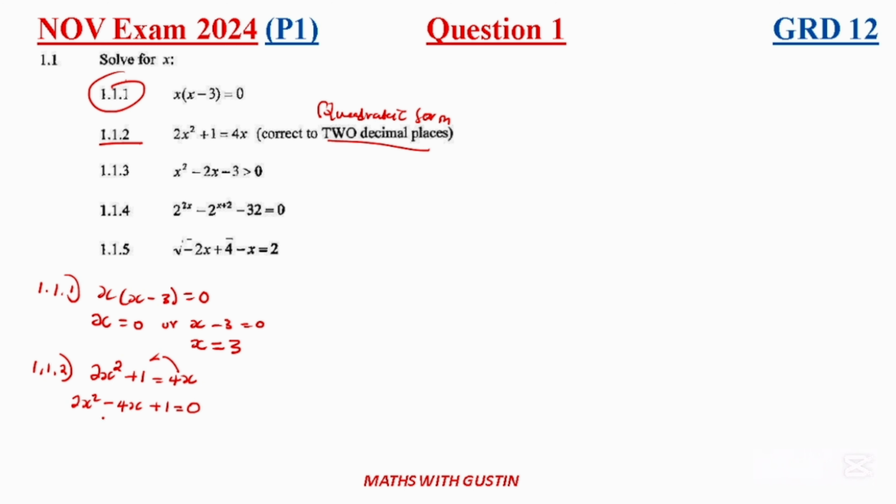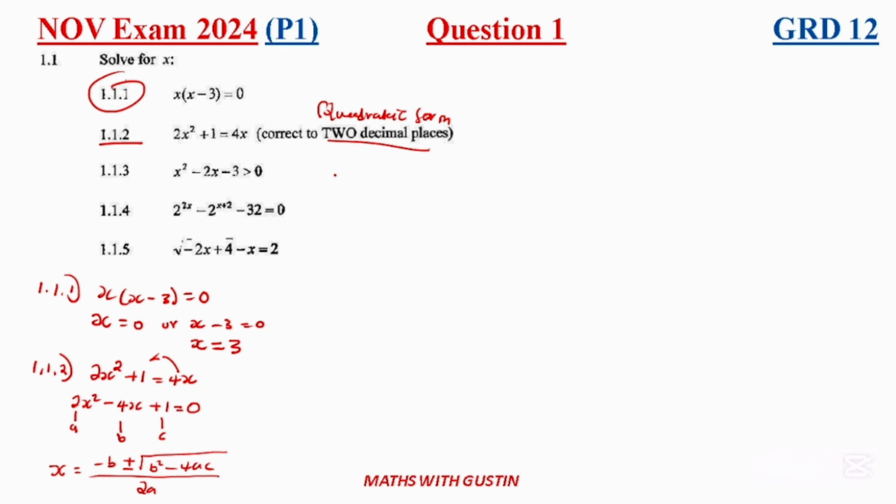So now therefore what you have here, a is 2, therefore this is minus 4 is equal to b, and then here it's equal to c, which is 1. So therefore our formula says that x is equal to minus b plus or minus the square root of b squared minus 4ac, all over 2a. So therefore we need to substitute these numbers into this equation.